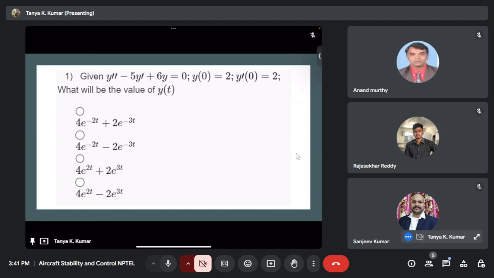Just try doing it and then we'll do it together. This is similar to some question that we did yesterday. You just take y equals e raised to at, and this will help you with the characteristic equation, and then you'll be able to find out.